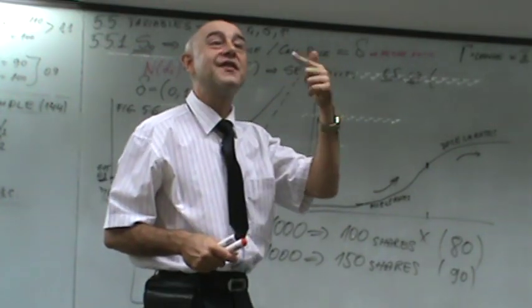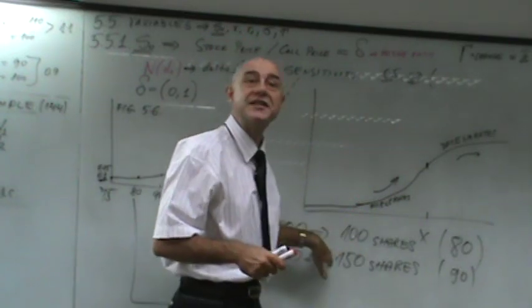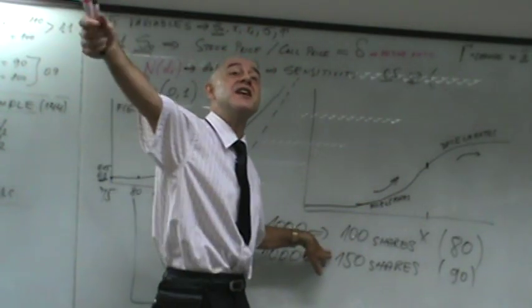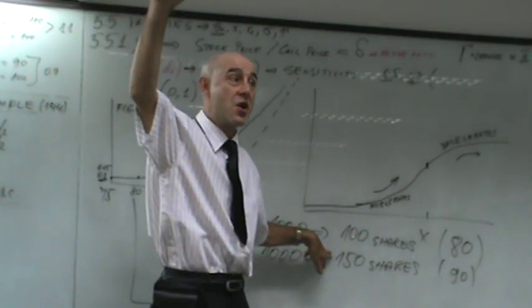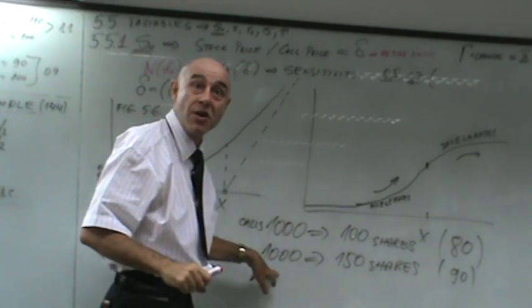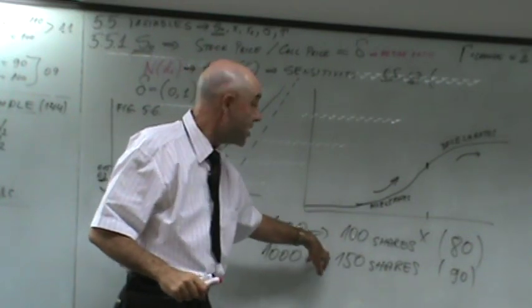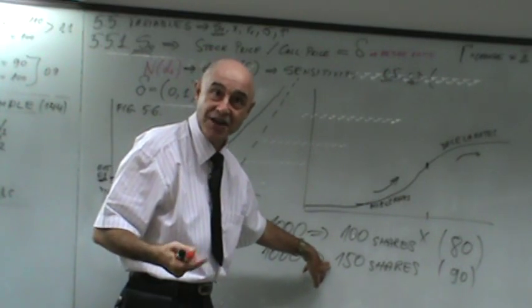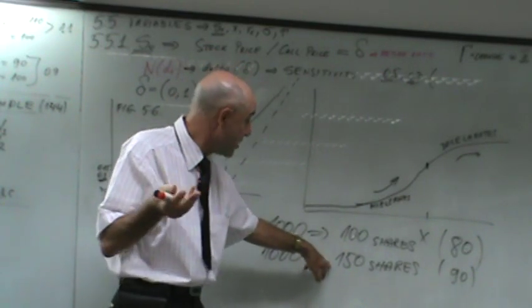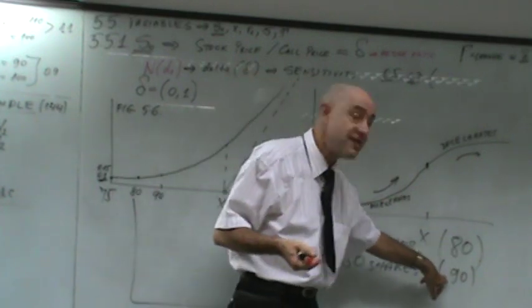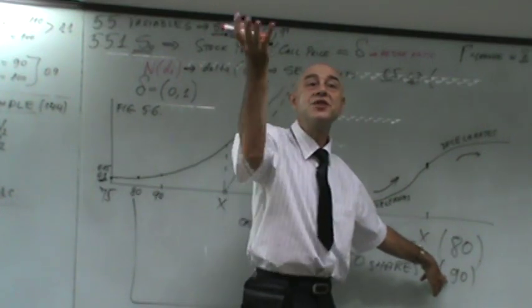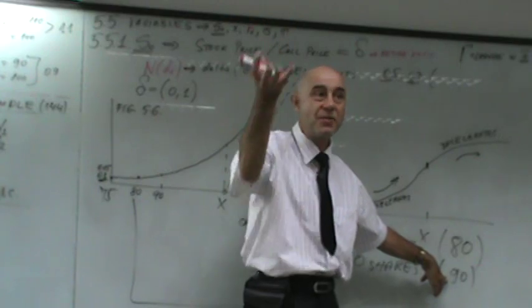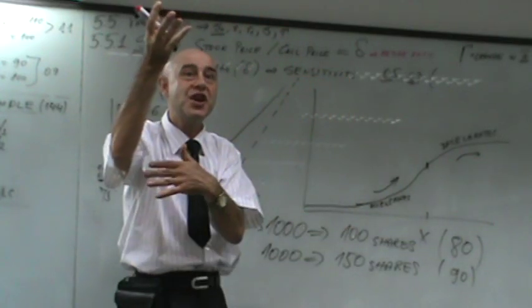Well, that's the vicious cycle. That's the destabilizing part that I was explaining a few times ago: the price of the stock goes up, and you need to buy more shares to stay hedged. And the buying of those extra shares is going to drive the price higher, to 95, and then you need to buy more shares.